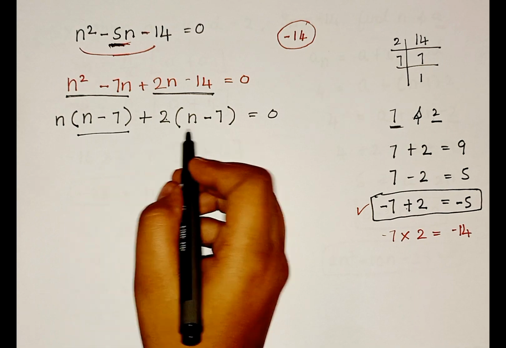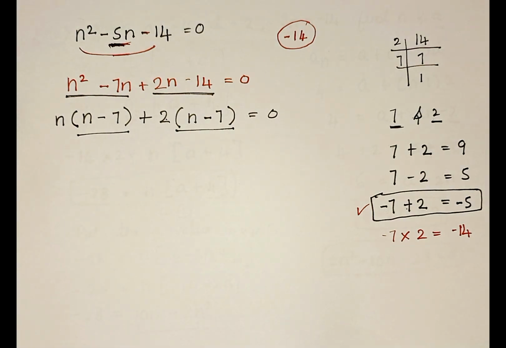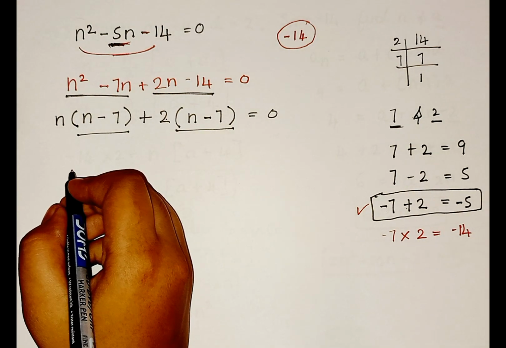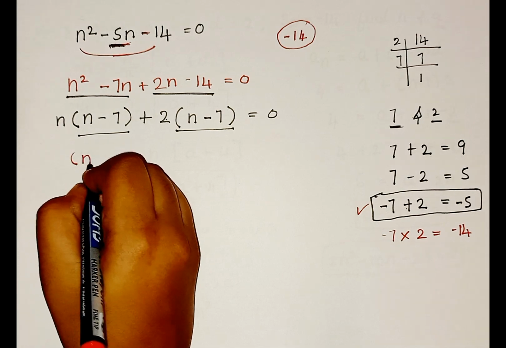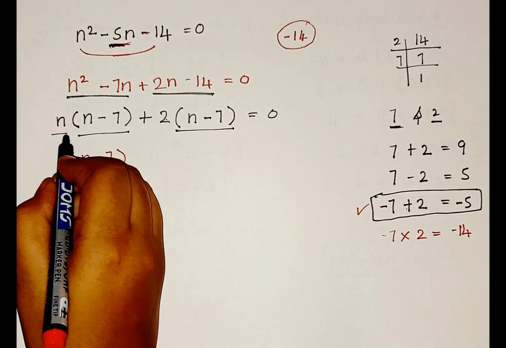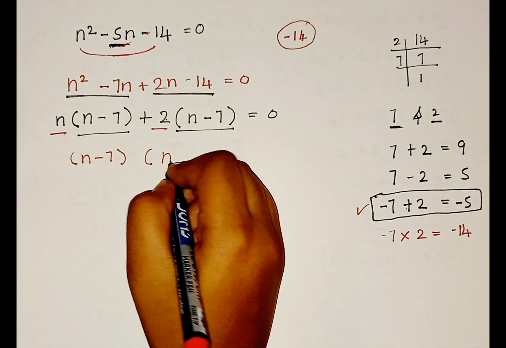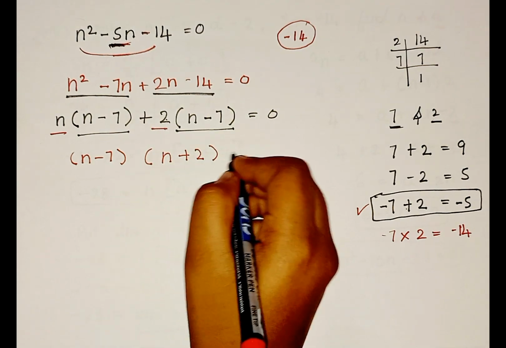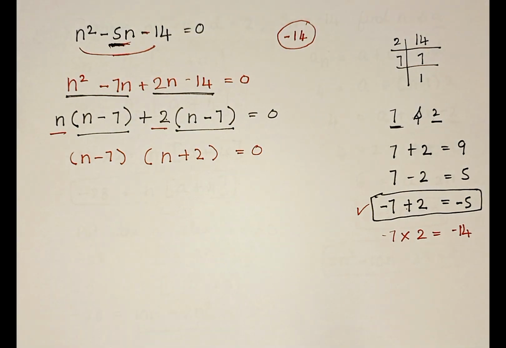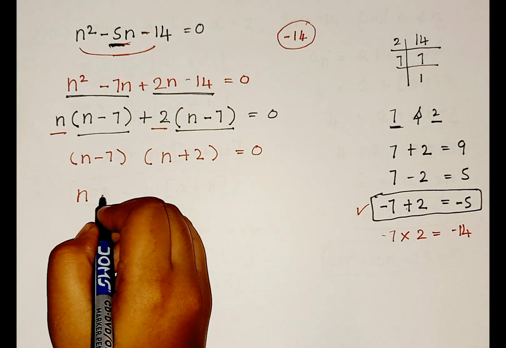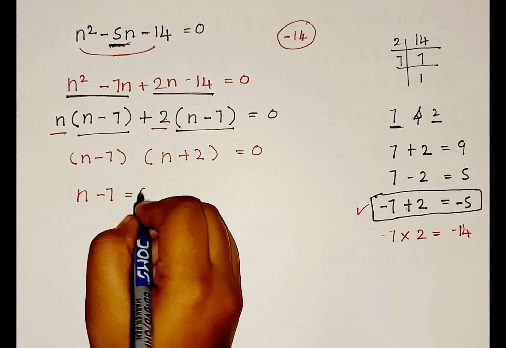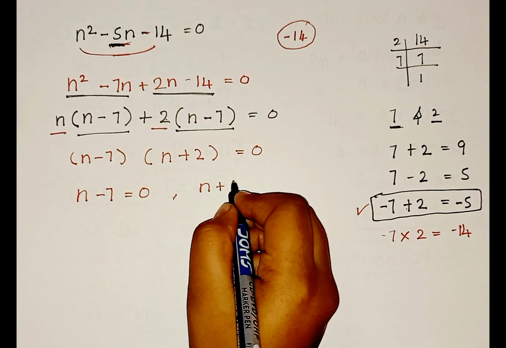Now we have n minus 7, here also we have n minus 7. So we can take it as common. So n minus 7, and then here we have n and here we have plus 2. So let us take n plus 2 as it is and is equal to 0. Now n minus 7 is equal to 0 and n plus 2 is equal to 0.